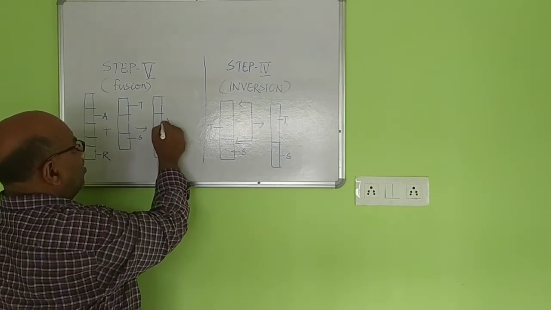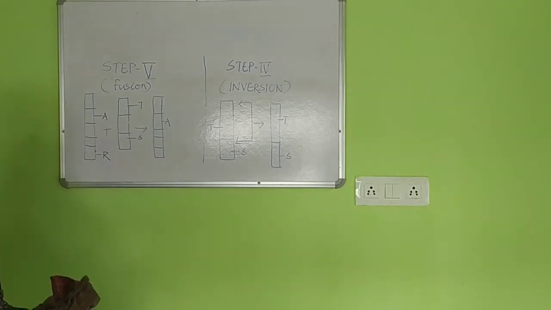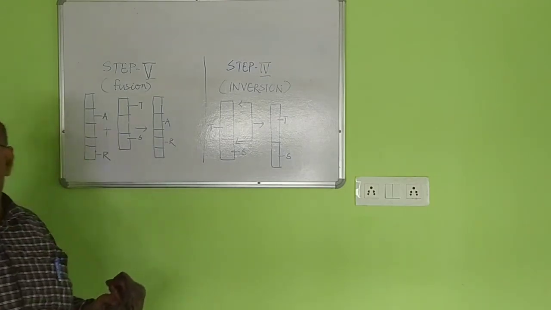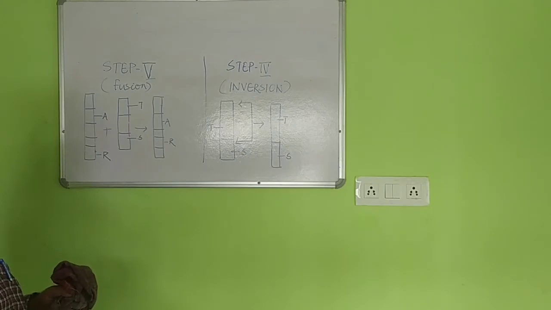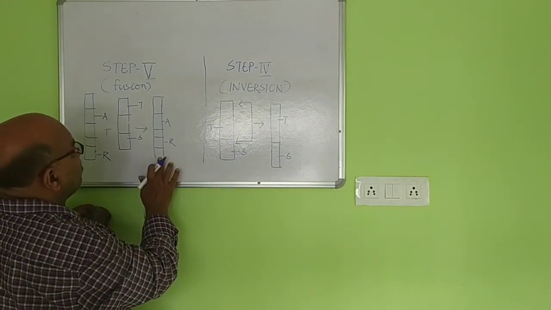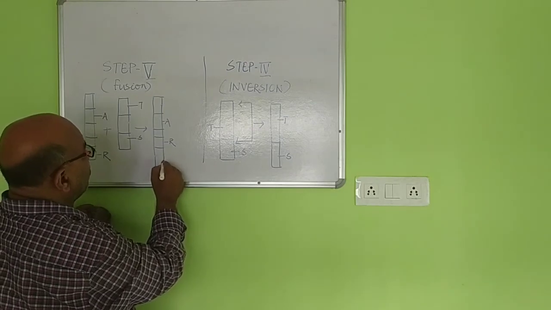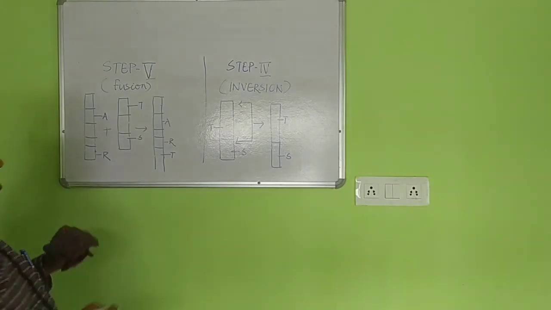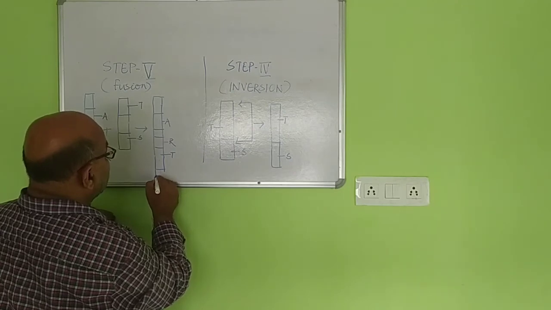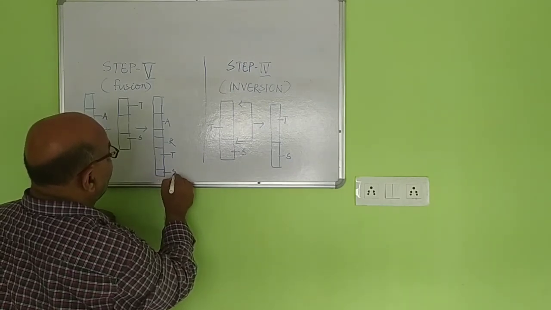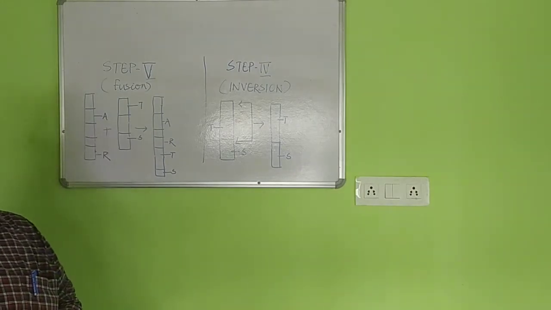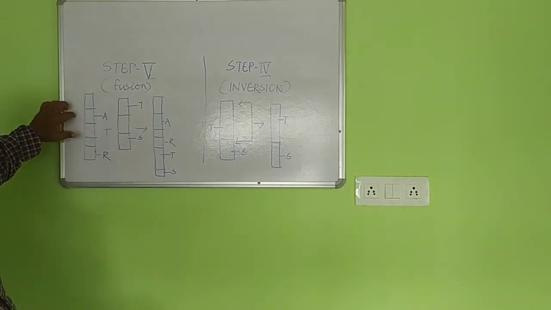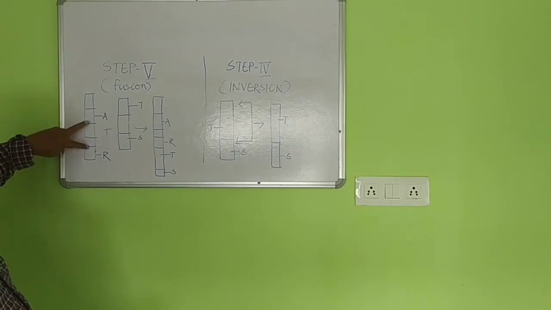That is the A. Then you find this is the R. After the R, you find the T. Then at the end, you find S. A, R, T, S. A from this chromosome, R from this chromosome.